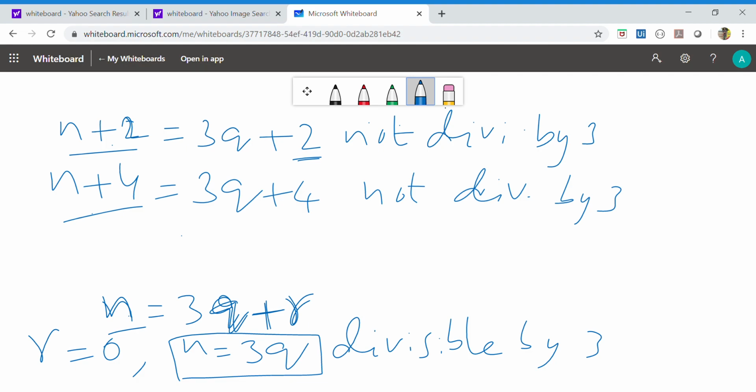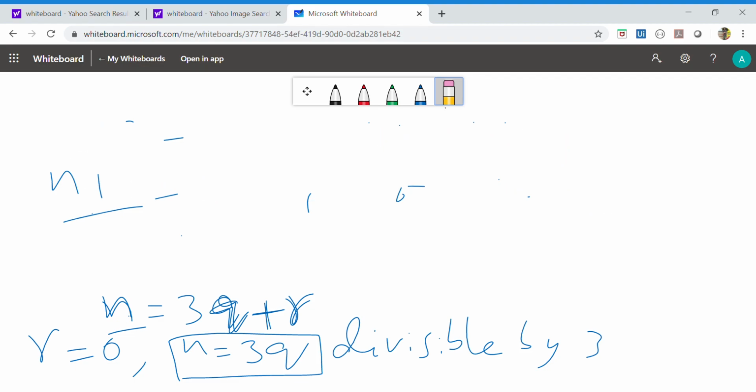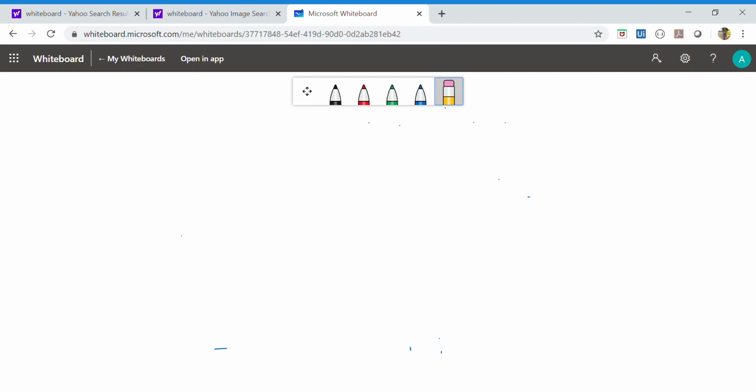In the same way, if r is equal to 1, we have to check all the three conditions. The question is one and only one out of n, n plus 2 or n plus 4 is divisible by 3. So if r is equal to 1, I'll check for n.